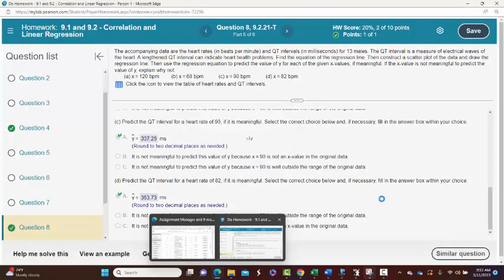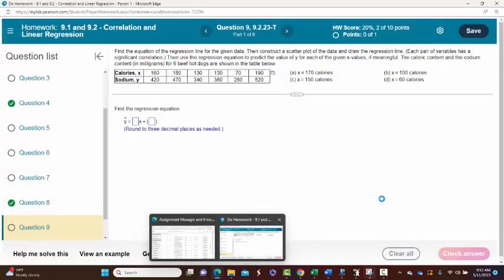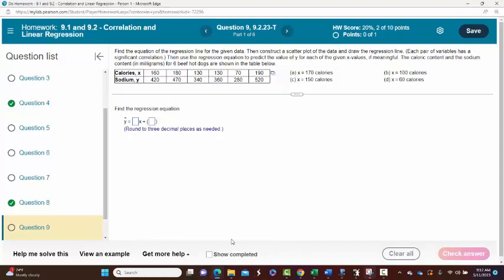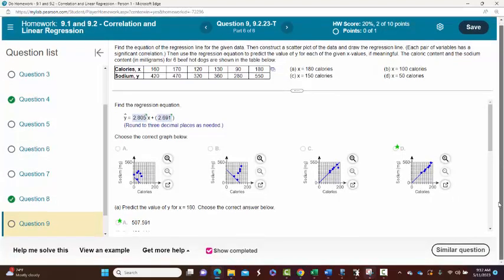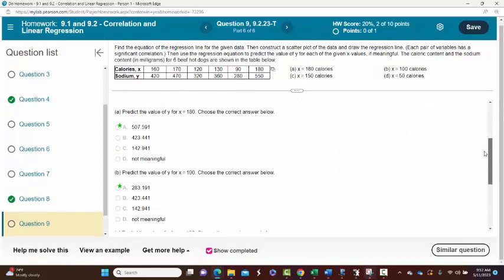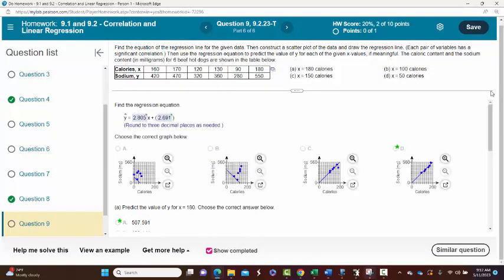So I think there's two more questions left. I'll just pick one of these two. Calories and sodium. Let me just look and see if there's anything. Why won't it minimize those screens? Okay. I'll look at the show completed just to see if I think one of them has something special. Maybe the other one doesn't. Other than that, they won't matter too much.